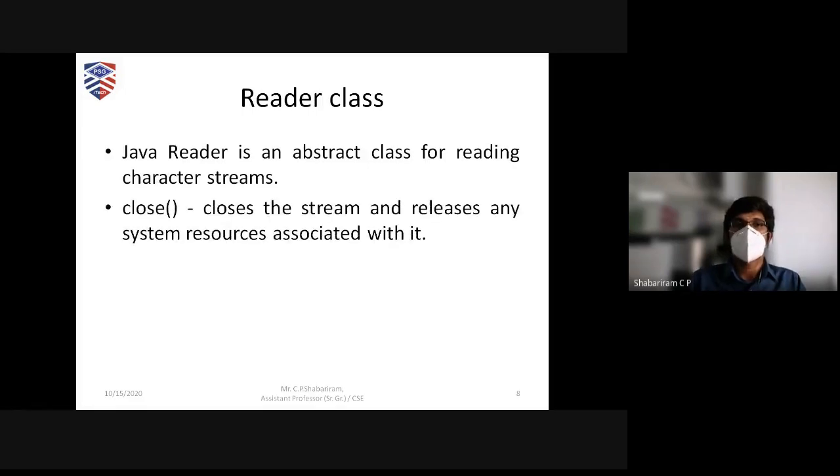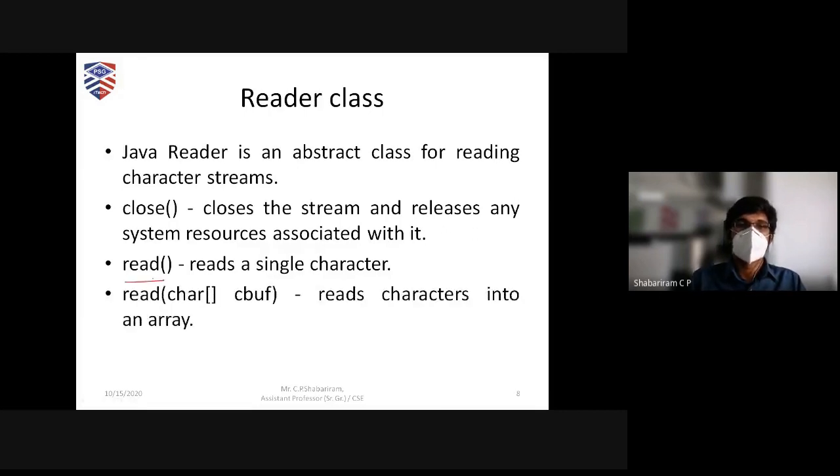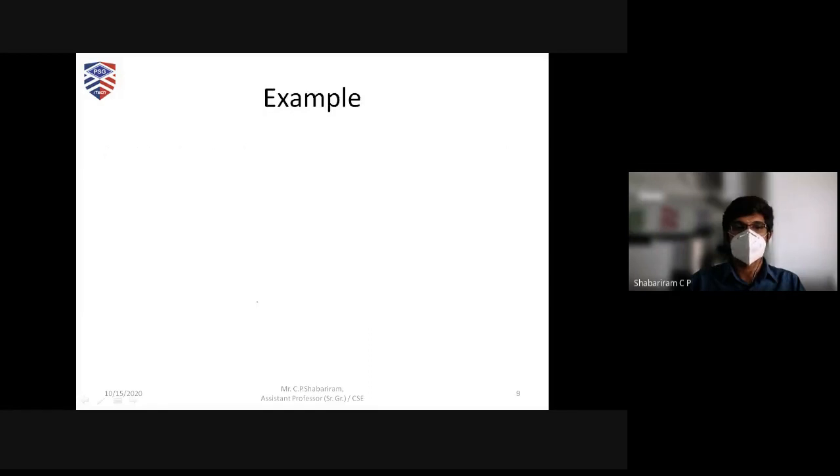Similar to the Writer class, if you want to close your stream, you may simply use the close method. To read a single character, use the read method. To read a character array with some specific length, you may use read followed by a character array, which it takes as an argument.